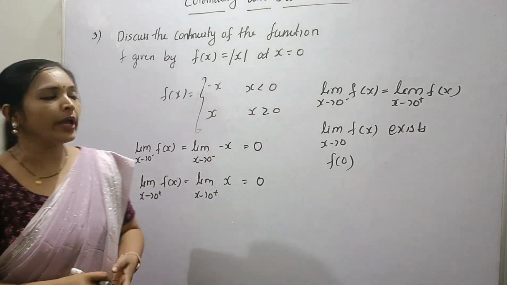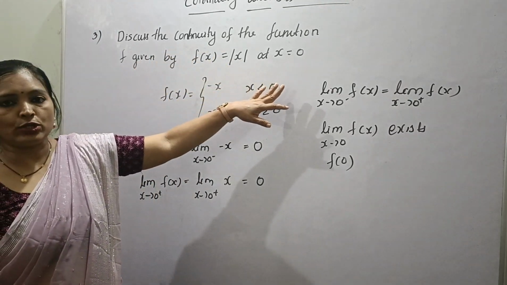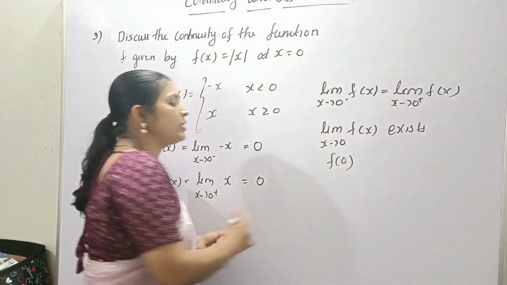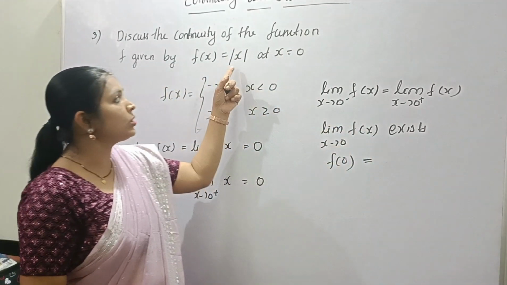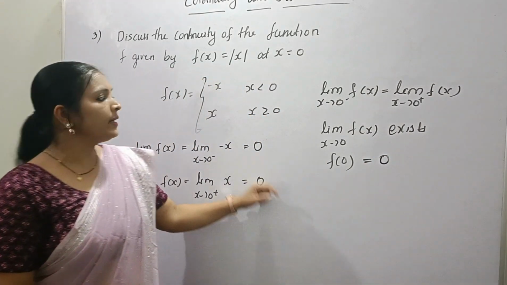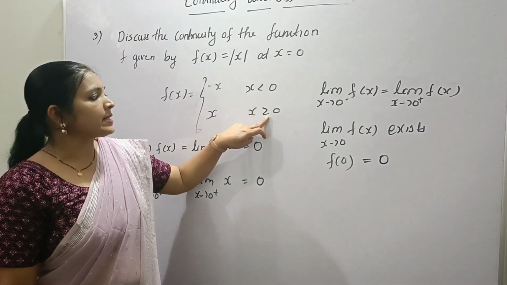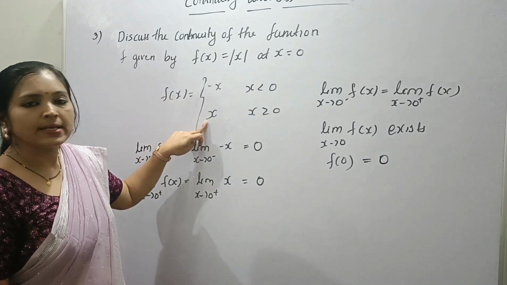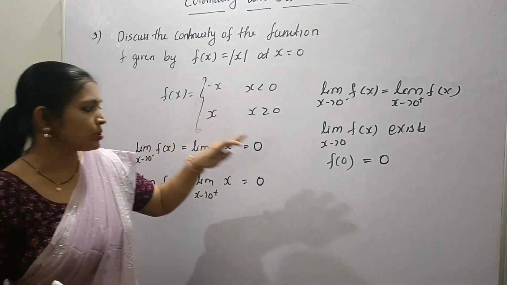The value of the function at x is equal to 0. f of x is equal to modulus x, and f of 0 is modulus of 0, that is 0, right? Or here we can see when x is greater than or equal to 0, f of x is equal to x, therefore f of 0 is equal to 0.